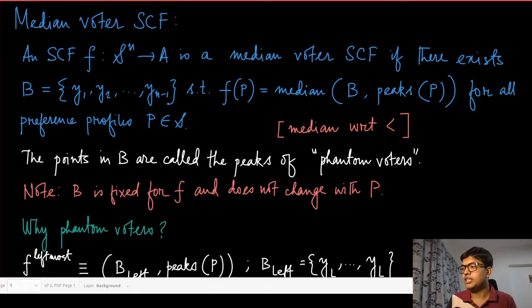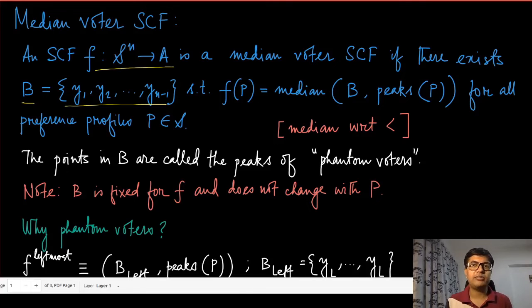It's a social choice function which is mapping from this restricted domain of the single peak preferences to the set of alternatives, if there exists a collection of n-1 peaks, and we'll call these peaks the phantom peaks, the name being phantom because it is not a real peak, so it's not an agent who is having this kind of peak. Rather, it can be chosen arbitrarily, and based on that we actually define what is the median.